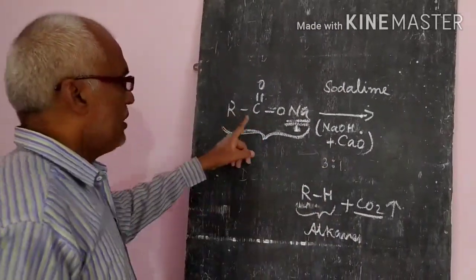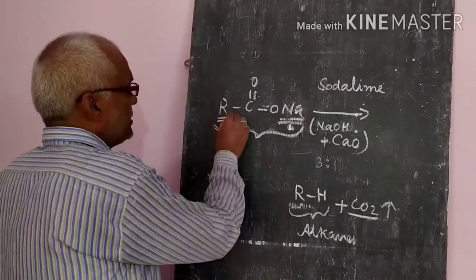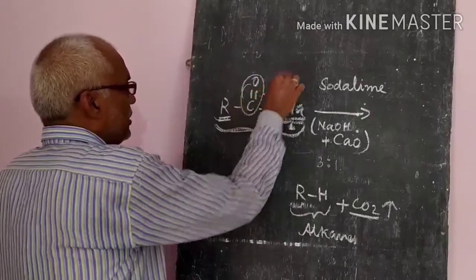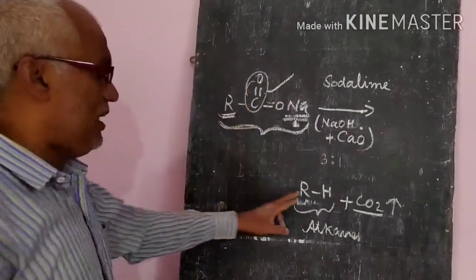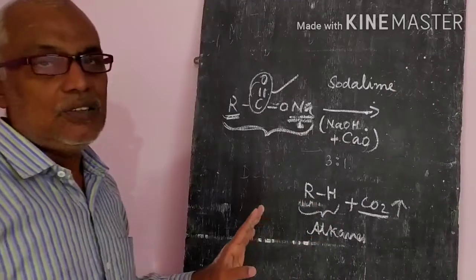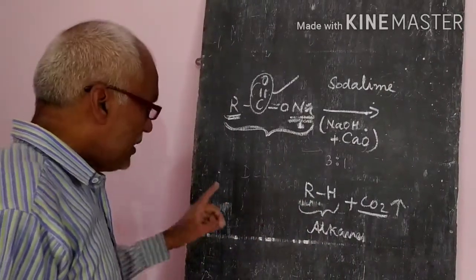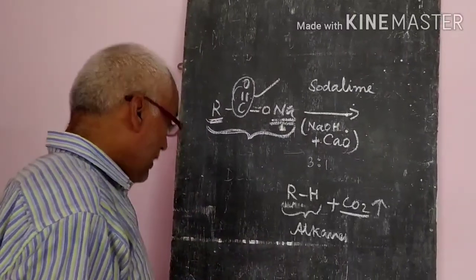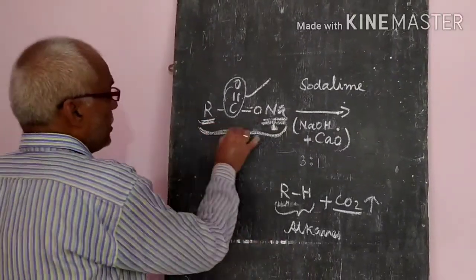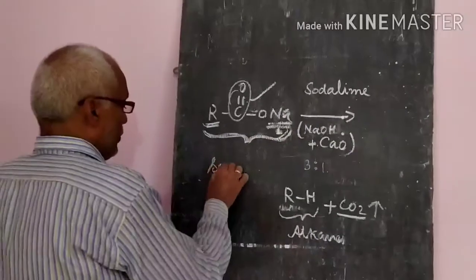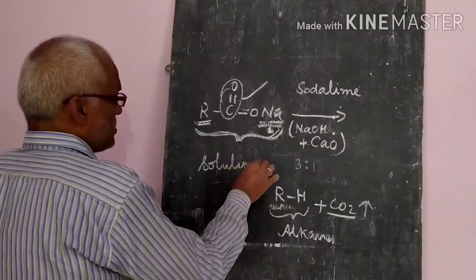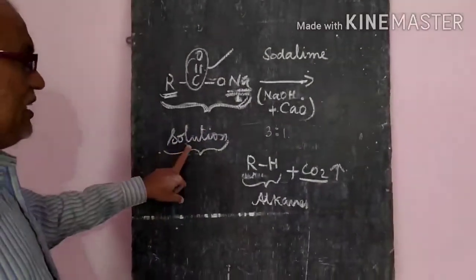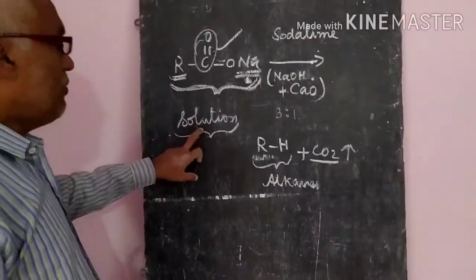Now, if you observe, the alkane has one carbon atom less, since one carbon atom is lost. So that is the most important point. This reaction we will call decarboxylation. But if you take the same salt solution and do electrolysis, what will happen?